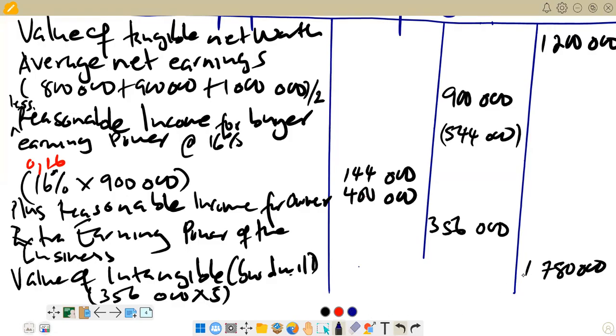So from there, to get your final price, we are going to say the value of tangible plus the value of intangible. So the value of tangible is here, which is this figure. This is the value of tangible plus the value of intangible here, which will give you the final price.